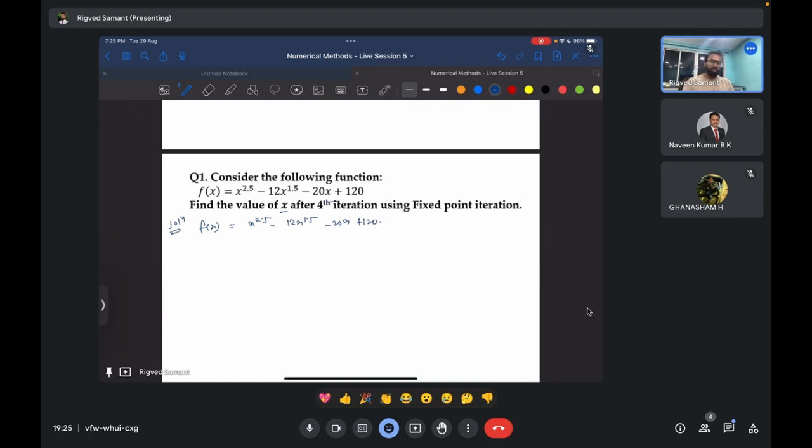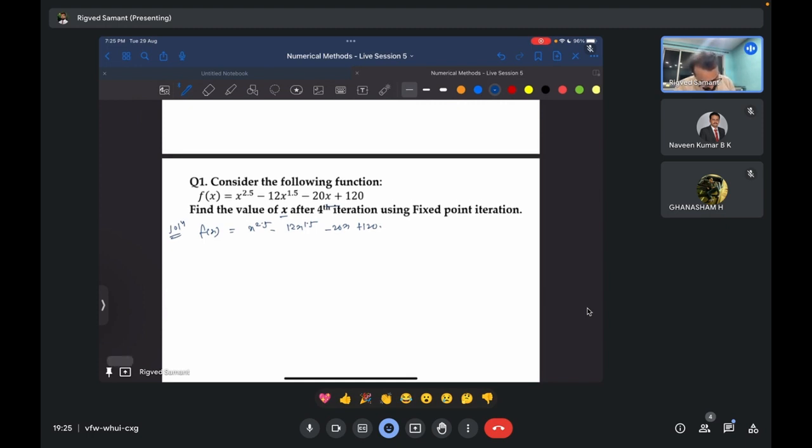This f of x can be written in different forms of x. What one can do is find an x out of this. You consider f of x equal to 0, which implies x raised to 2.5 minus 12 x raised to 1.5 minus 20x plus 120 is equal to 0.